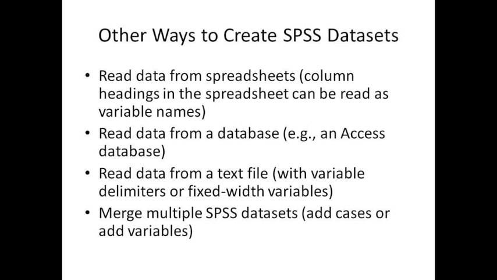So those data may be in an Excel spreadsheet, or sometimes the data may be in databases. So is there an easy way to create SPSS datasets based on other types of data files?